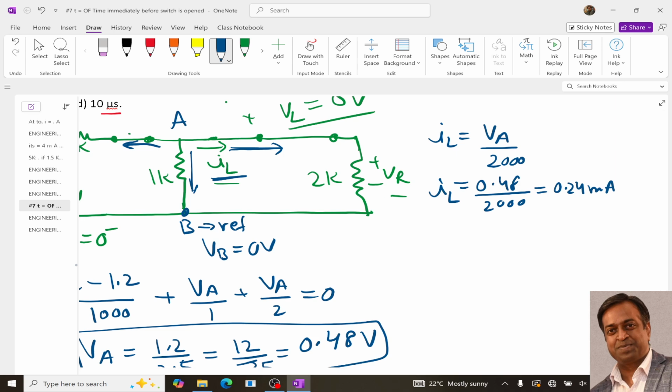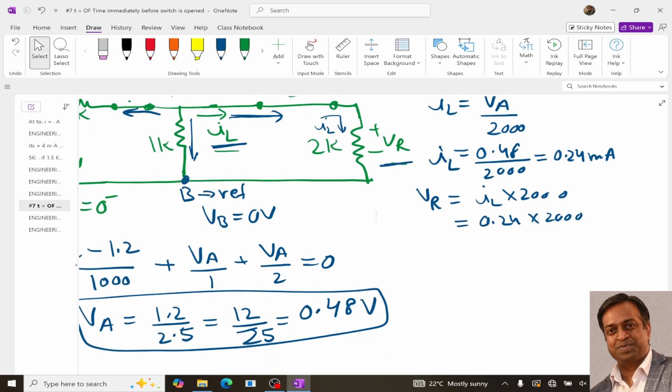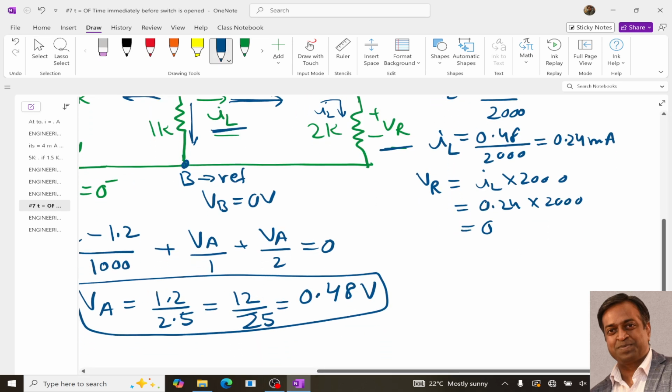Now the next is VR. To determine VR, the current flowing through VR is IL, because it is the same branch. So VR will be IL into 2, so it is 0.24 into 2000, which is simply 0.48 volt.